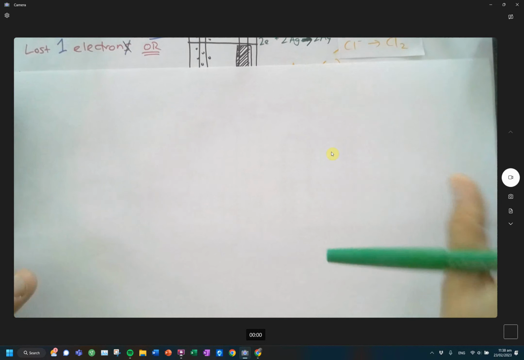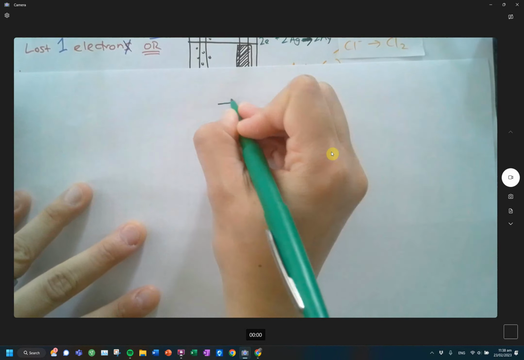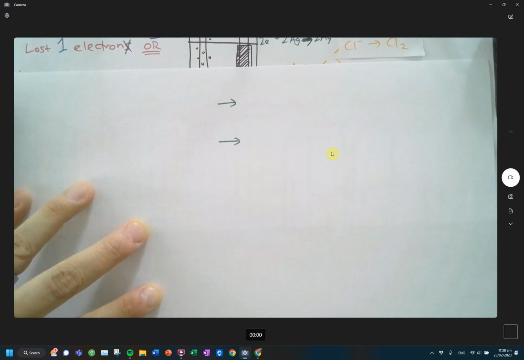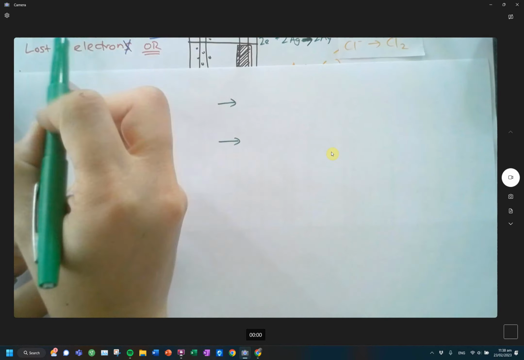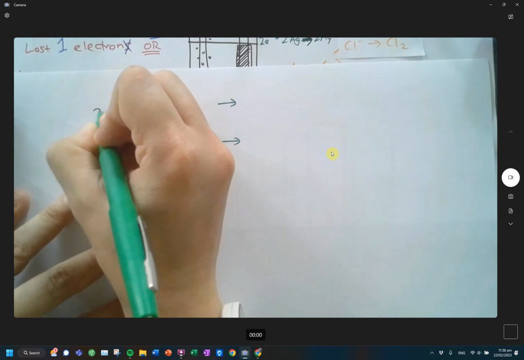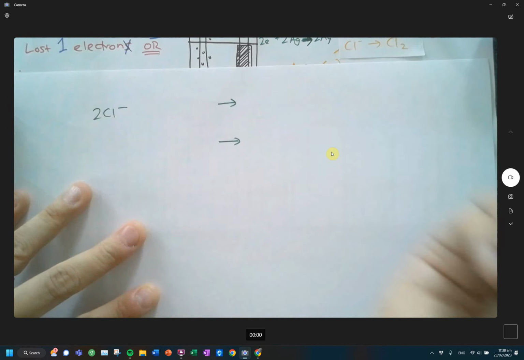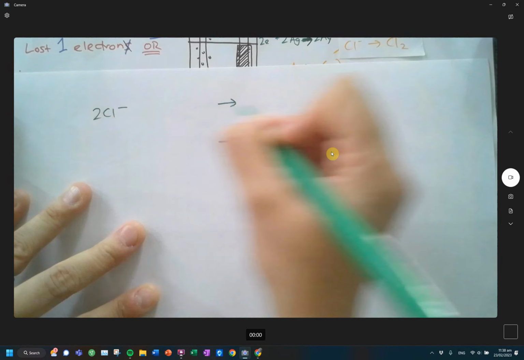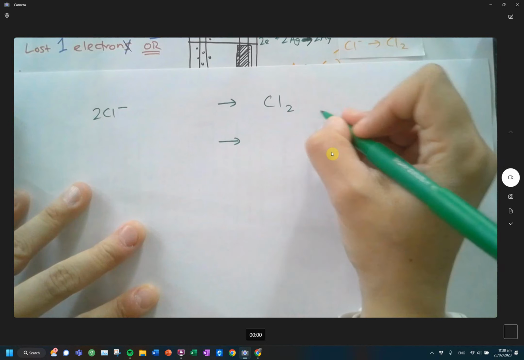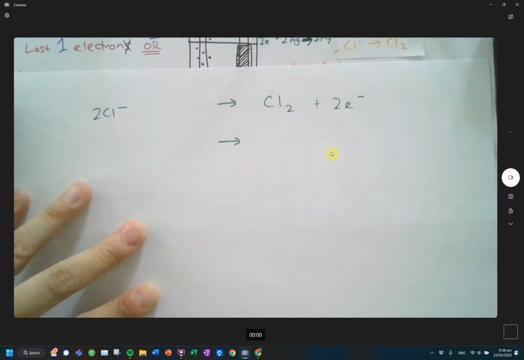With these 2 equations, I like to line them up so my arrows are in the same spot, so I can easily see how things are going to cancel out. I'll copy this equation down. That's one of my half equations. So 2Cl minus, and I think that's it on that side. And then on the product side, it's Cl2 and 2 electrons.